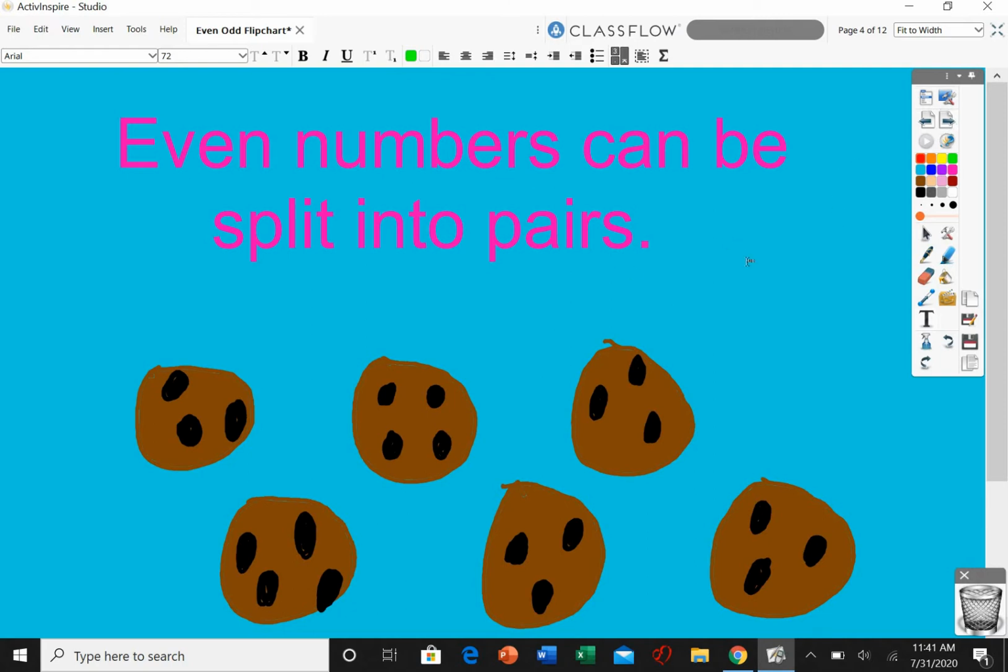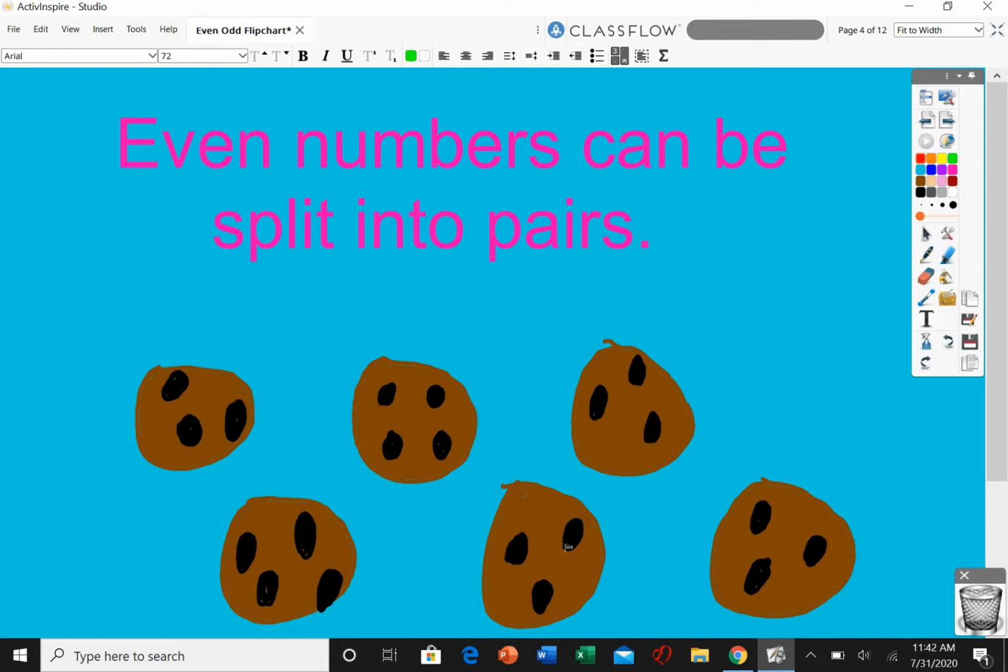Alright, the first thing we need to know about even numbers and odd numbers is that they can be split into pairs. And what I mean by pairs is when you put something in pairs, there's two of them. So if I can split these cookies into pairs, then I know that it would be even. We can count and we know that there are 6 cookies here.